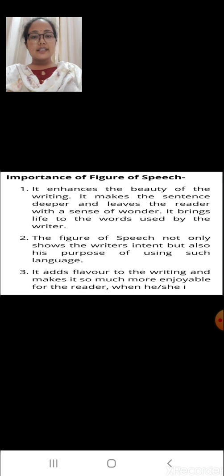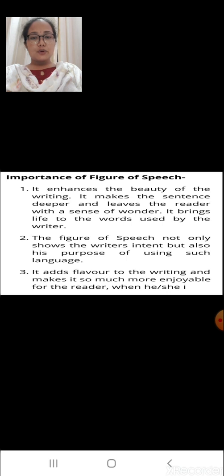Now let us see the importance of the figure of speech. The first one is it enhances the beauty of writing. It makes the sentence deeper and leaves the reader with a sense of wonder. It brings life to the words used by the writer.